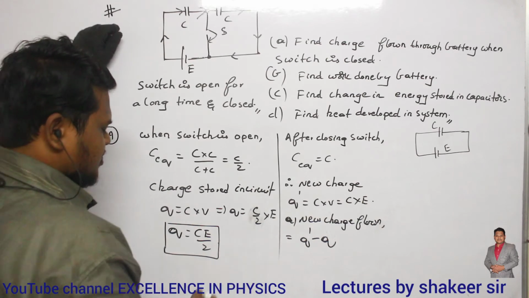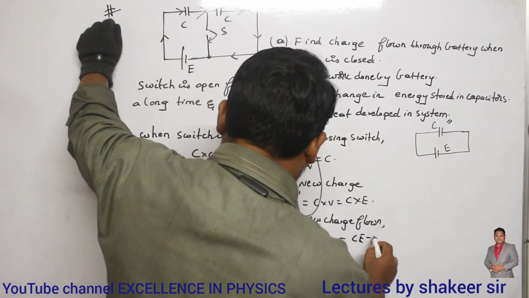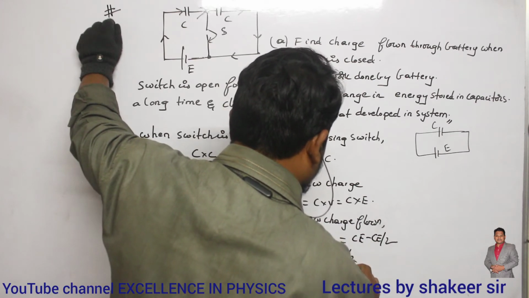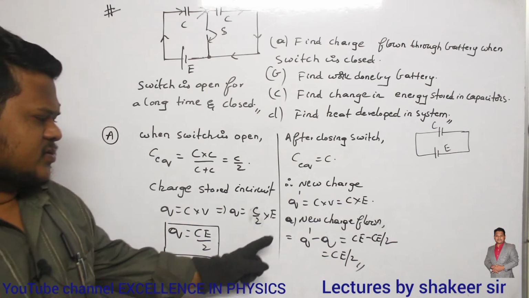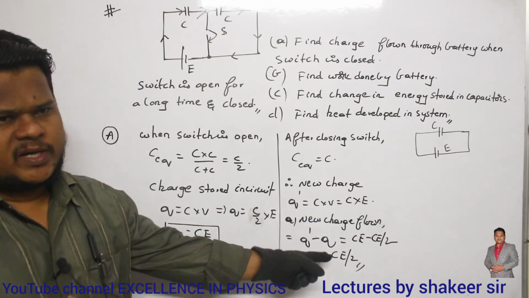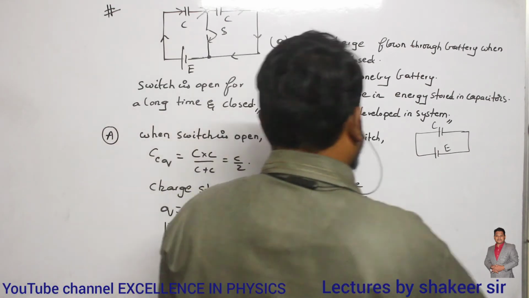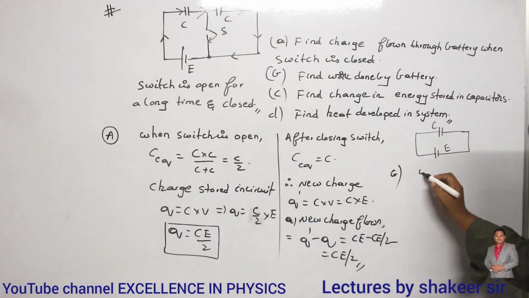So the new charge flown is CE minus CE divided by 2, which is CE divided by 2. So the charge flown through the battery when the switch is closed is CE divided by 2. Second one: work done by the battery.